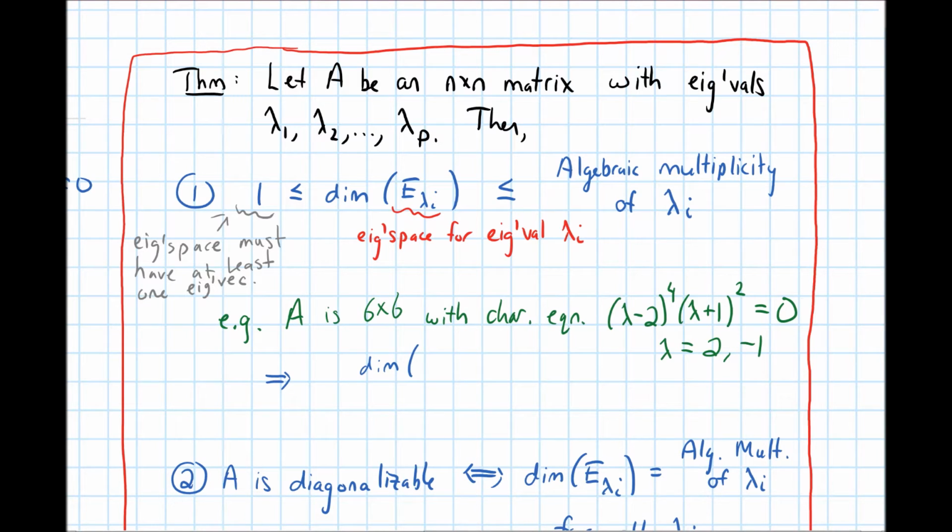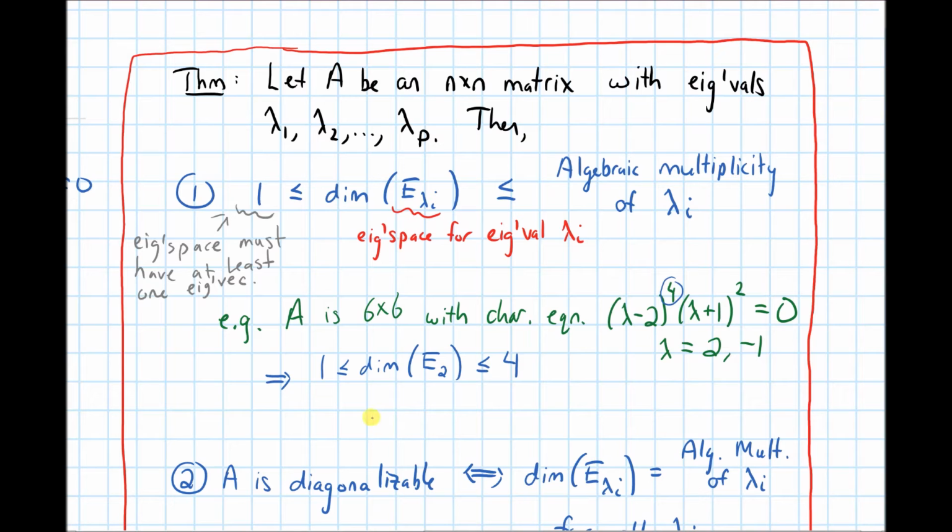Now using the theorem, the dimension of the eigenspace for the eigenvalue 2 has got to be greater than or equal to 1, which means when I try to find a basis for the eigenspace corresponding to 2, there's going to be at least one element in that basis. On the flip side, it is less than or equal to the algebraic multiplicity, and the algebraic multiplicity for the eigenvalue 2 was 4.